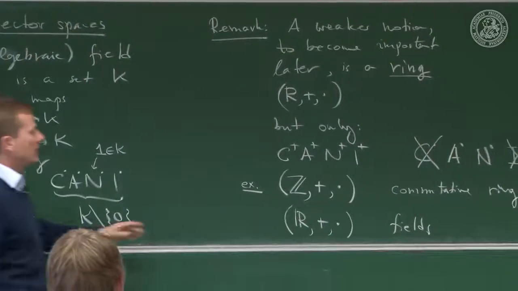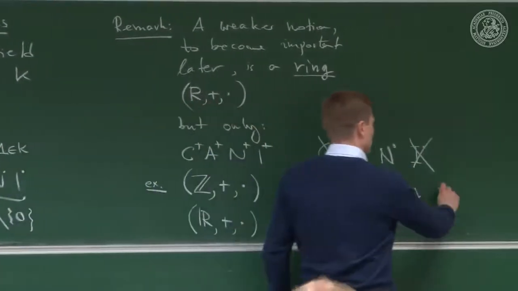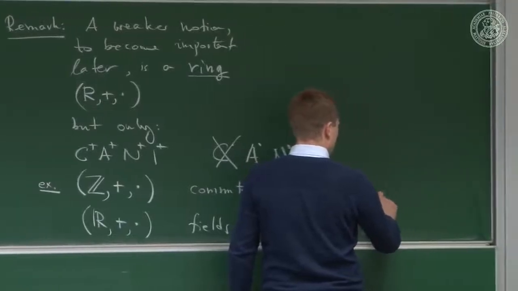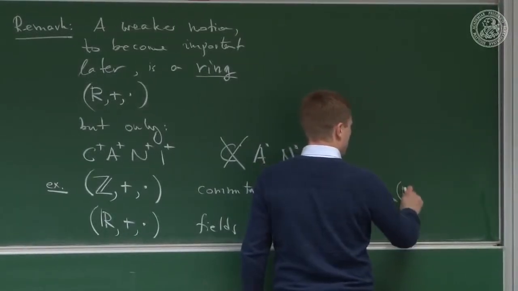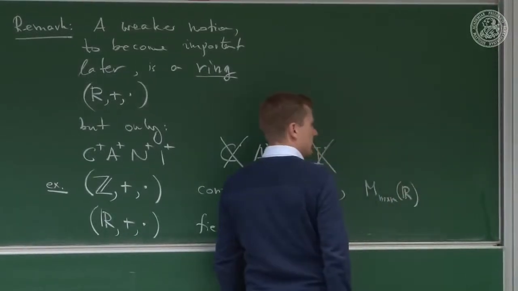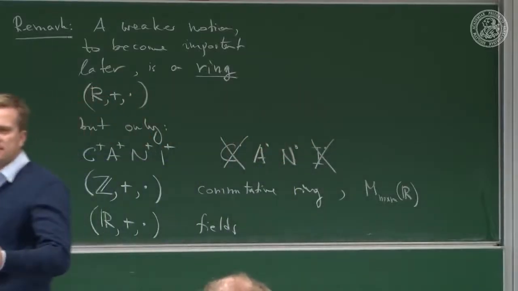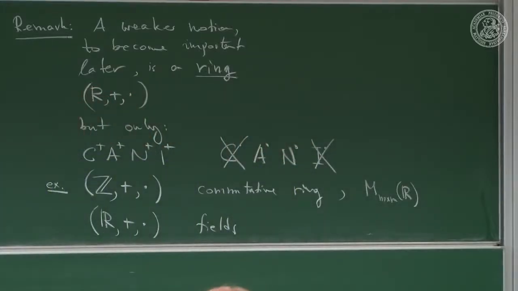Another example for a non-commutative ring would be the M cross M matrices over the real numbers, because you know how to add them and you know how to multiply them by matrix multiplication, say. You know matrix multiplication is not commutative, and you know not every matrix has an inverse.